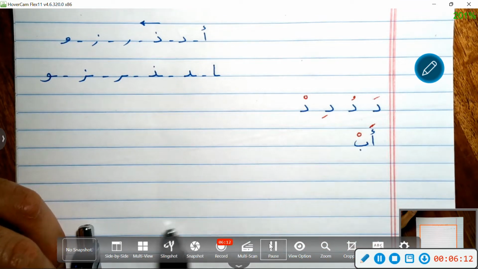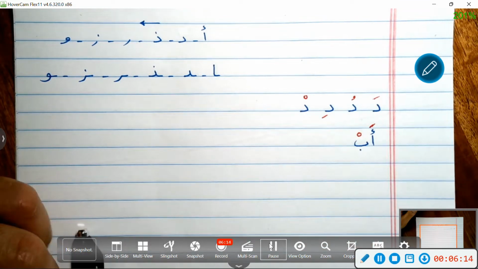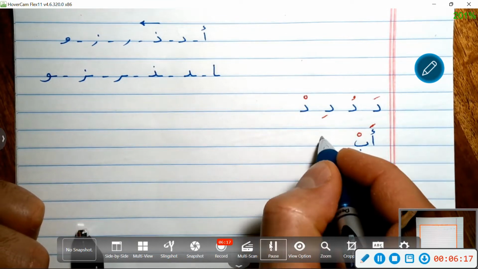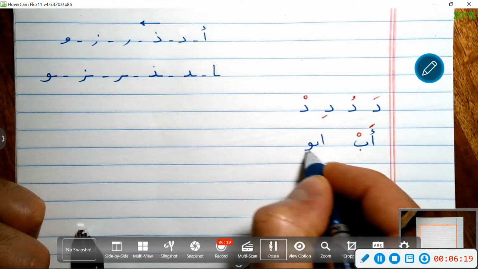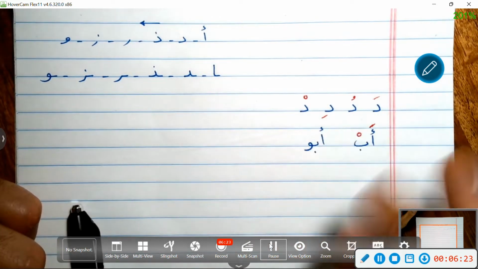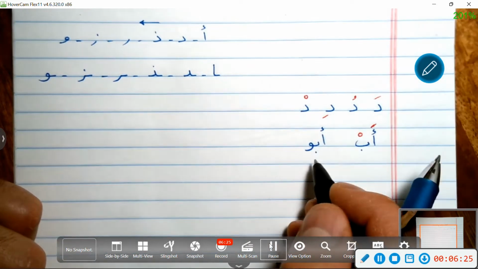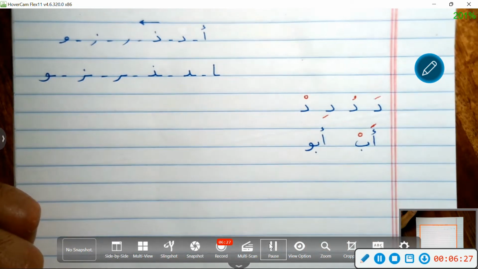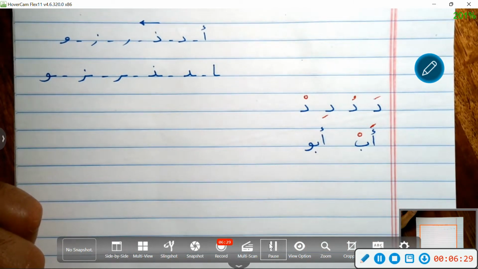Now, let's say أبو. Now أبو, it's a long waw here. It's not just حركة. It's more than حركة. It's مد. Mad means elongated sound. It means long vowel. Because harakat are short vowels.